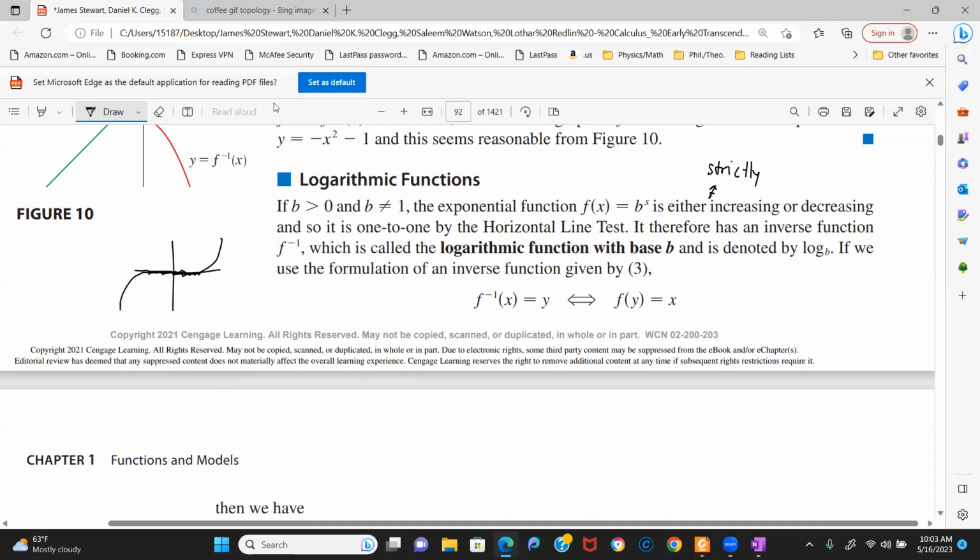But if it's strictly increasing, meaning you don't have a flat piece right here, then you can conclude, yes, that's true. If your function is strictly increasing or decreasing, then you can conclude it is one to one.